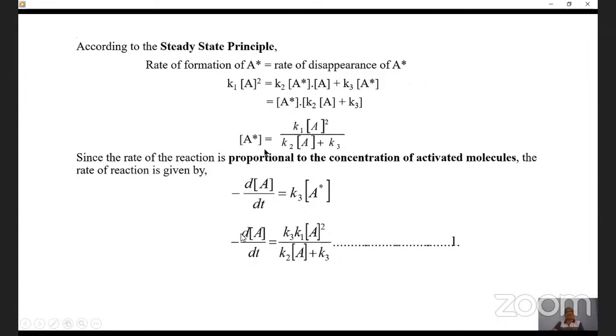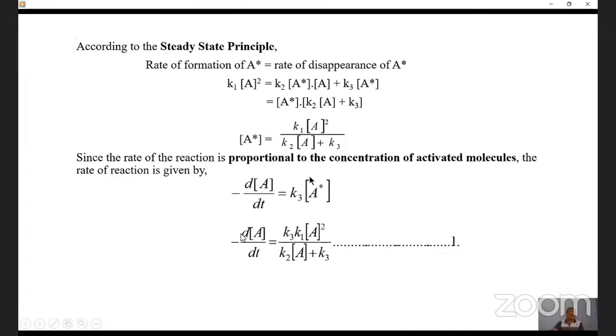Since the rate of a reaction is proportional to the concentration of an activated molecule, the rate of the reaction is given by an equation. So minus d concentration of A upon dt is equal to K3 concentration of A star.